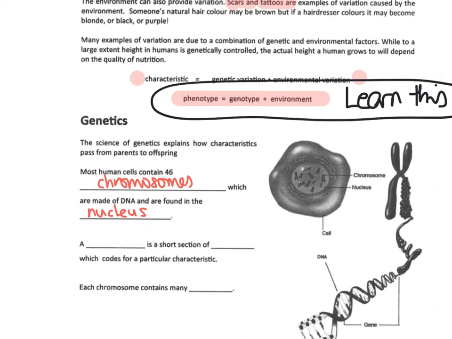The next bit is a definition that you should remember from the last one. A blank is a short section of blank which codes for a particular characteristic. So what is that? Well, it's a gene. It's a short section of DNA that codes for a particular characteristic, and each chromosome has got many genes. Okay, so make sure you've got all those written in.